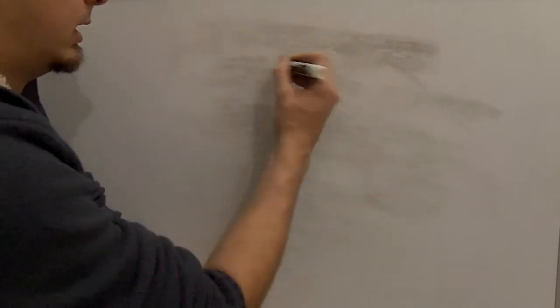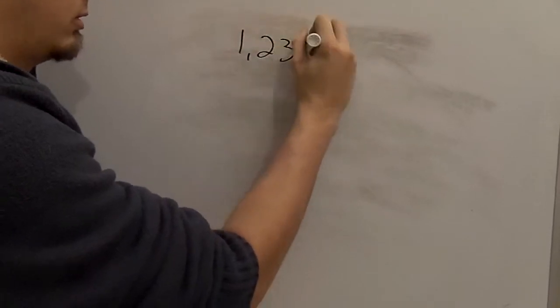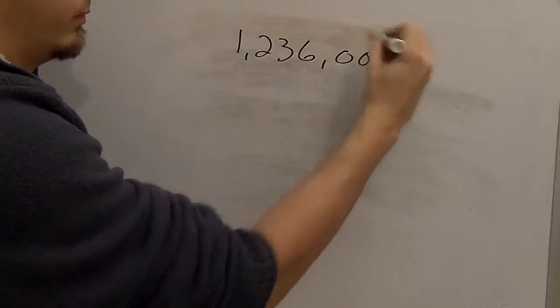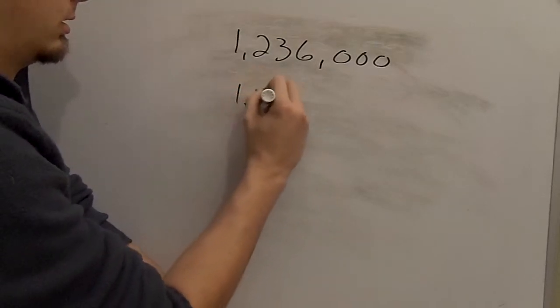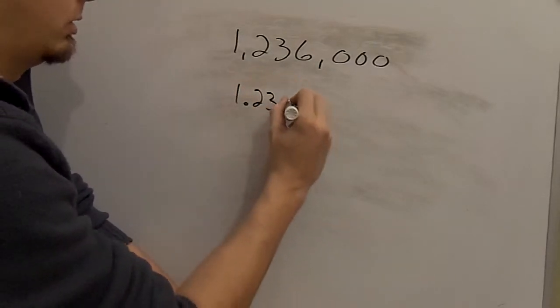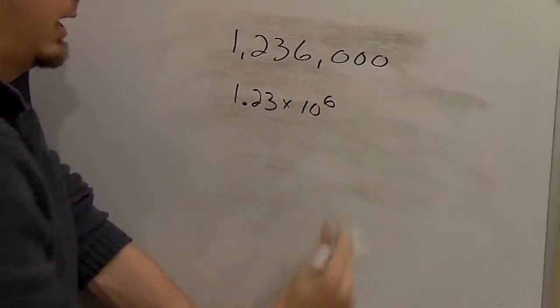So, for example, if I were to write 1,236,000 in scientific notation, I would write that as 1.23 times 10 to the 6th power.